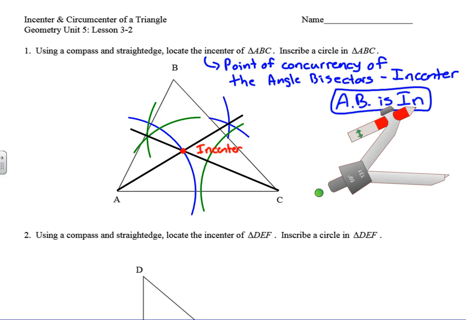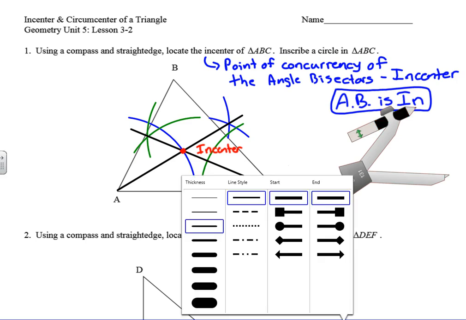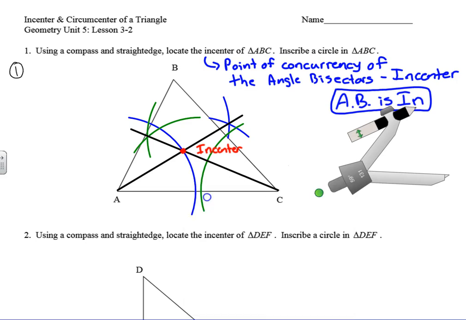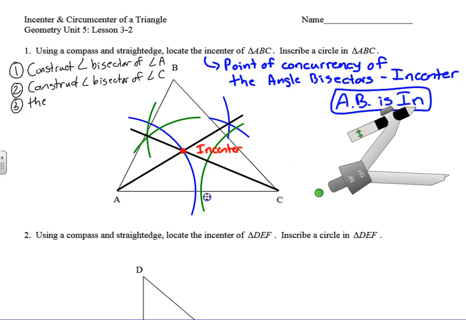Okay, so if we were going to just describe what we have done so far, first of all, we construct the angle bisector of angle A. Second is construct the angle bisector of angle B, angle C. And now three is the intersection is the incenter.